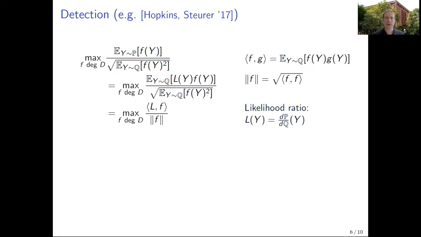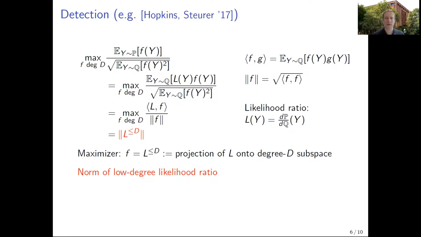Then we can write everything in terms of the norm and inner product. And now notice that the degree D polynomials form a subspace. And so we can think of F as a vector constrained to a subspace. And now it should be clear that the optimal F is just the orthogonal projection of L onto the degree D subspace. So this gives us an explicit characterization for this value called the norm of the low degree likelihood ratio.